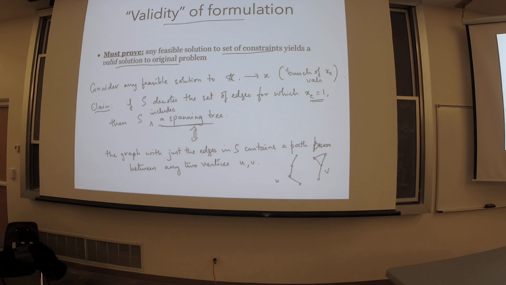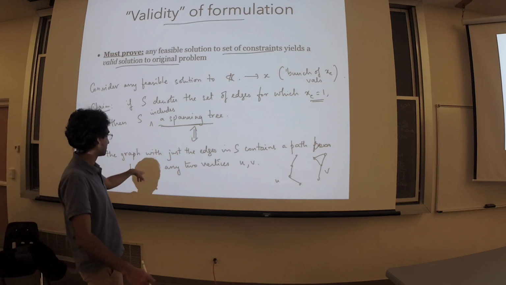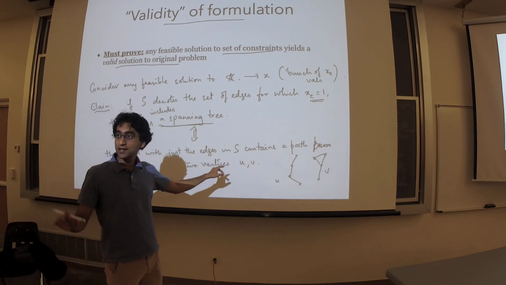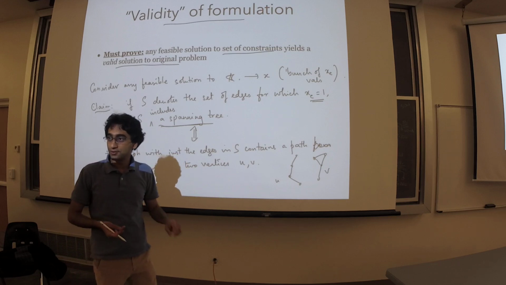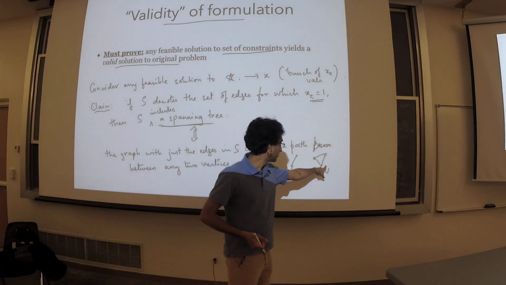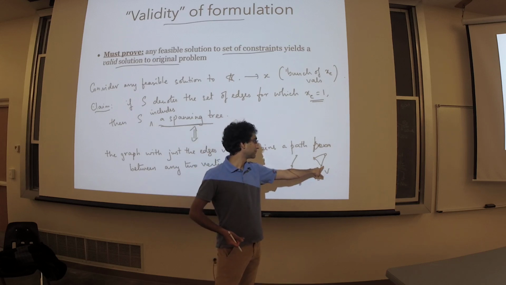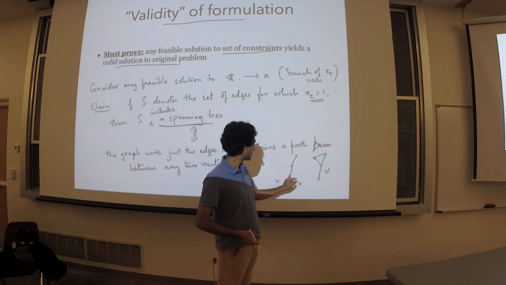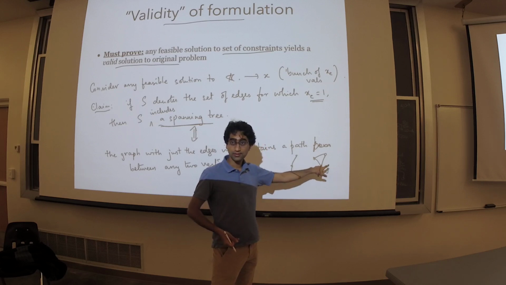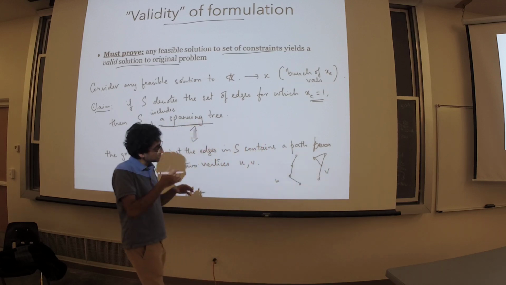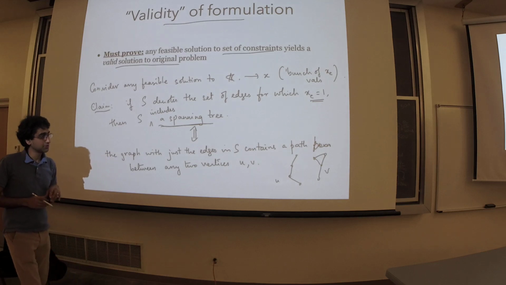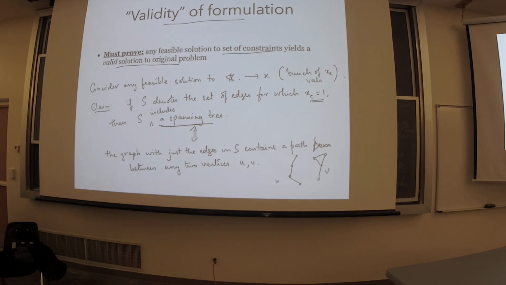I would like to show that the graph with just the edges in S contains a path between any two vertices. So let's assume that this doesn't hold. Let's assume that U and V are two vertices, and there was no path from U to V. And now, what does it mean to obtain a contradiction, assuming that?